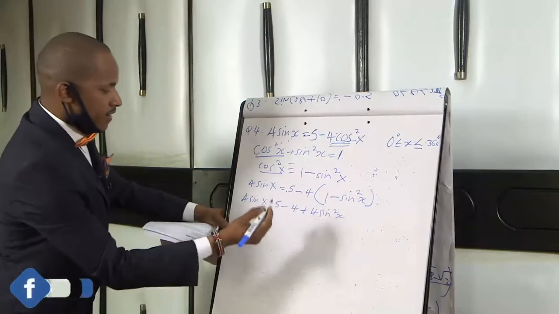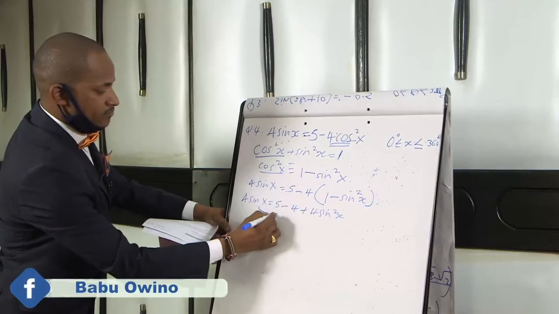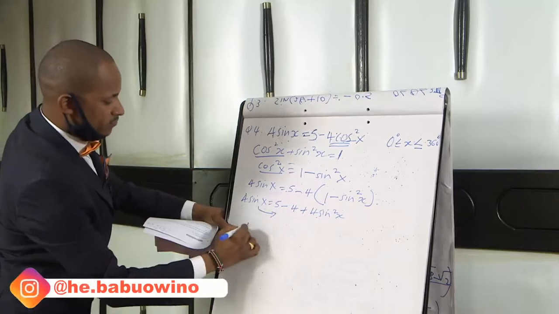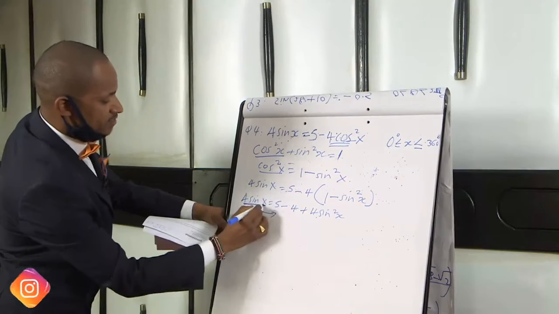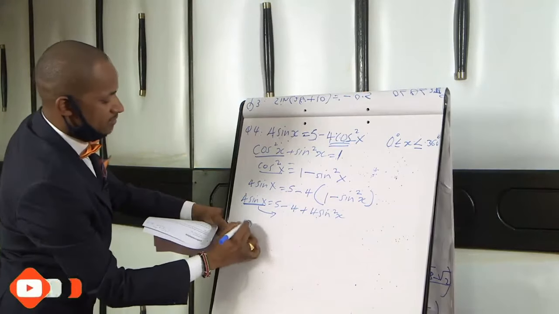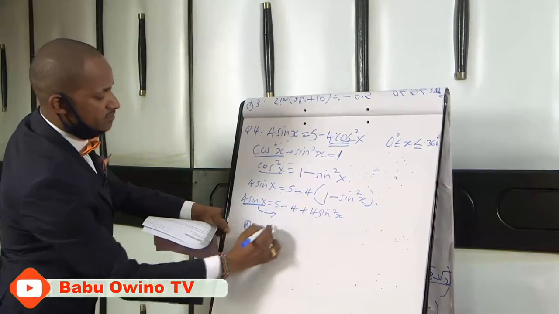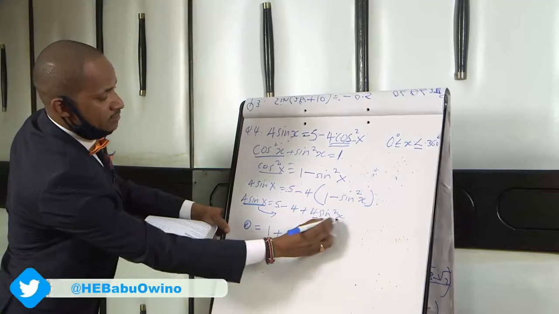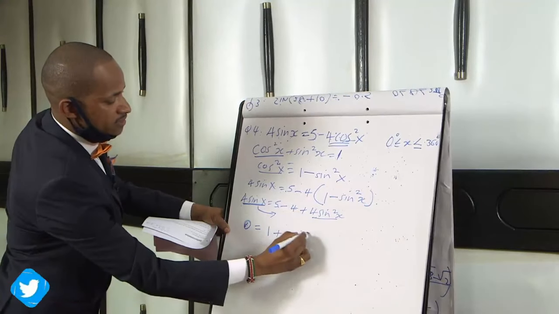Then from here, we can collect the like terms together. If 4 sine x crosses the other side, we have 0 equals 5 minus 4 is 1, plus 4 sine squared x.